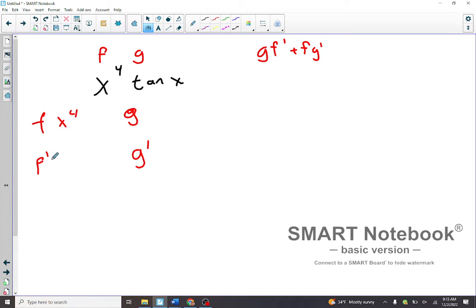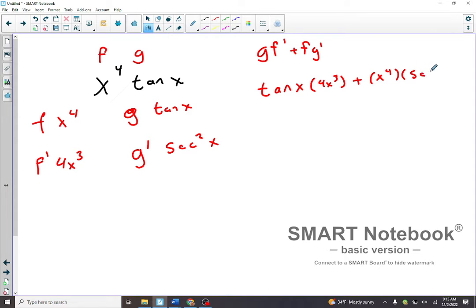X to the 4th, the derivative of x to the 4th is 4x to the 3rd. Tan x, the derivative of tan x is secant squared x. So then it is tan x, g, times 4x to the third, plus f, which is x to the 4th, times secant squared x.